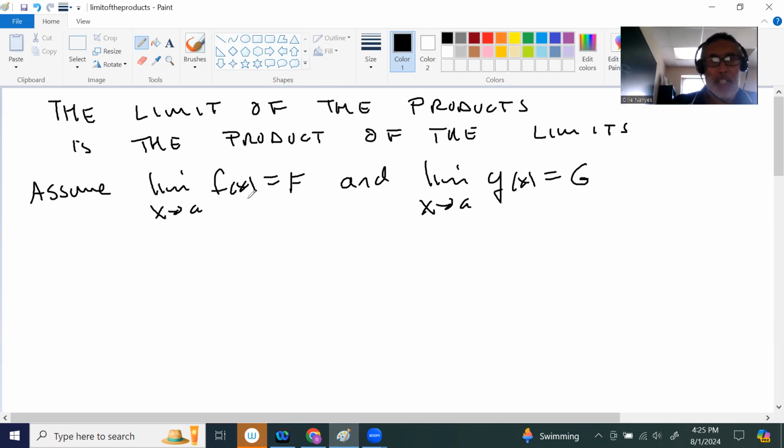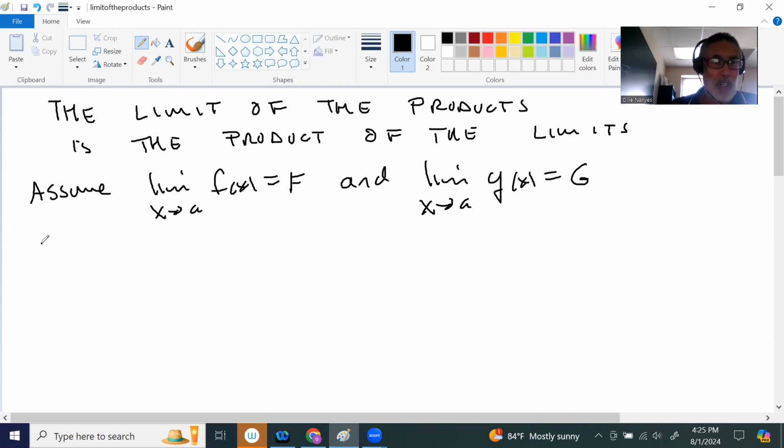Now, this is the idea. Suppose you have a function f, where the limit as x approaches a of f of x is big F, and the limit as x approaches a of little g is big G. So you have these two limits sitting here.